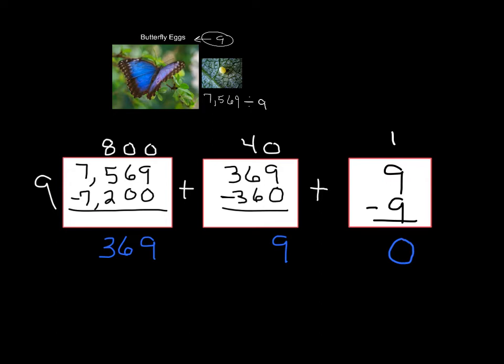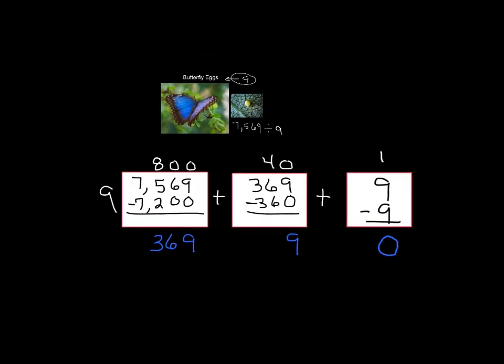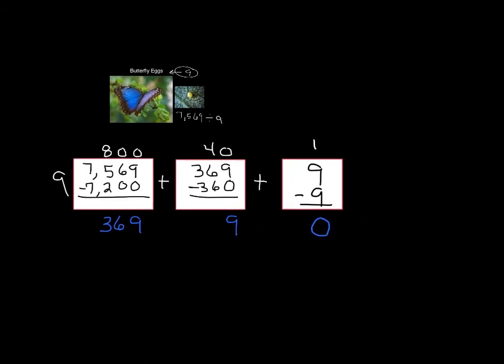So I have no remainder at all, which is lovely. And that means that these right across here are my answers. So I just have to add those up. So I'm going to shrink this a little bit more and add those up, and I've got 841. And that, my friends, is your answer.